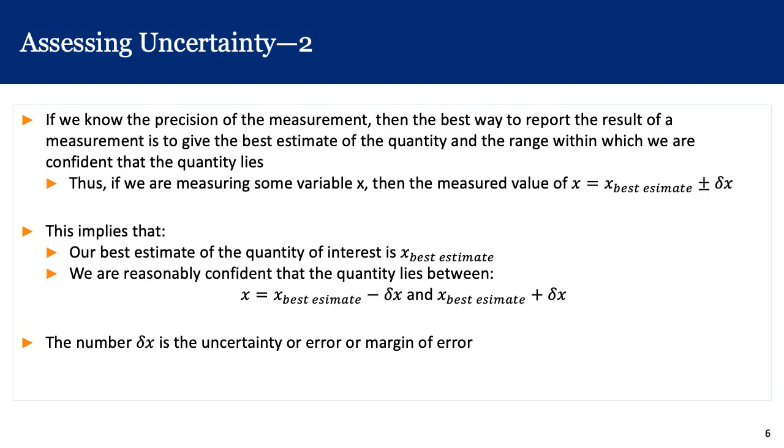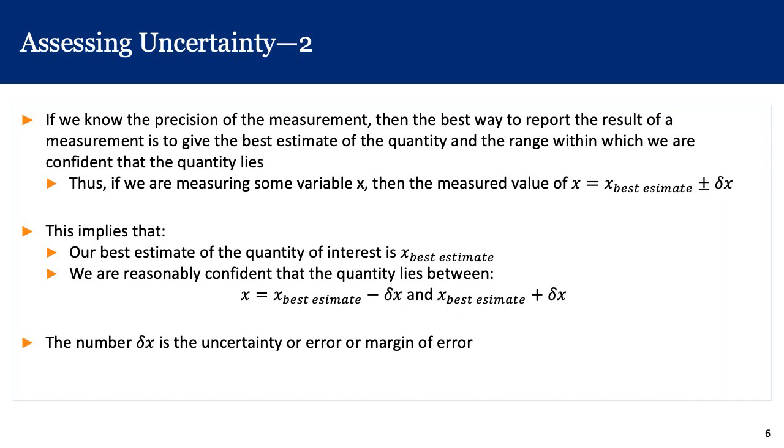If we know the precision of the measurement, then the best way to report the result of a measurement is to give the best estimate of the quantity and the range within which we are confident that the quantity lies. Thus, if we are measuring some variable x, then the measured value of x is the best estimate of x plus or minus some error, which is denoted by delta x.